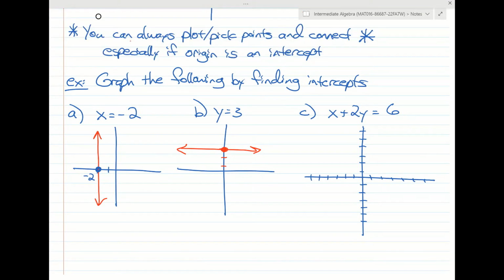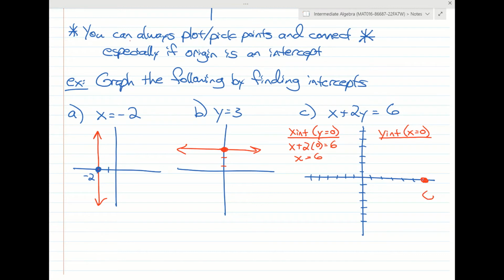So to get the x-intercept, we make y equal to 0. If we want the y-intercept, we make x equal to 0. If y is 0, you just get x plus 2 times 0 is 6, so x would be 6.